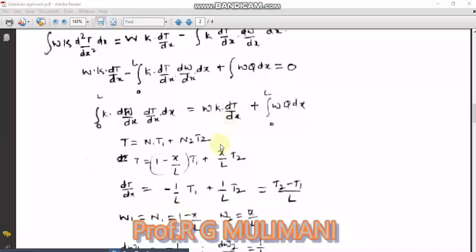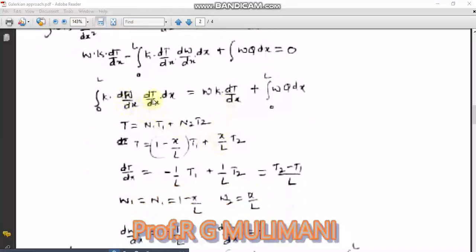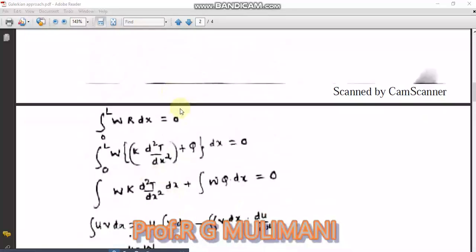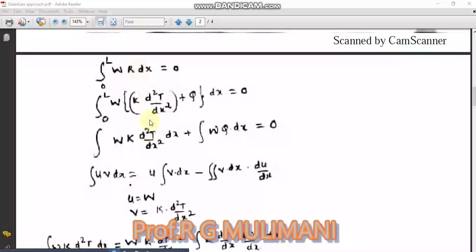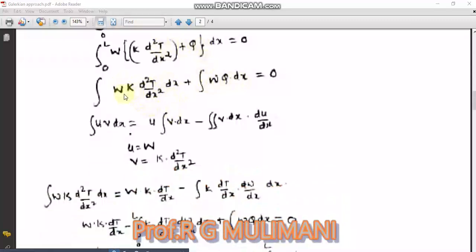Let us find what dT by dx and dW by dx are. We have just substituted the R value, the differential equation, and the W value, the weighting function. After substituting the differential equation, it is simplified. Now it has two parts, the heat generation term and the differential terms. Why is it not taken as two parts?